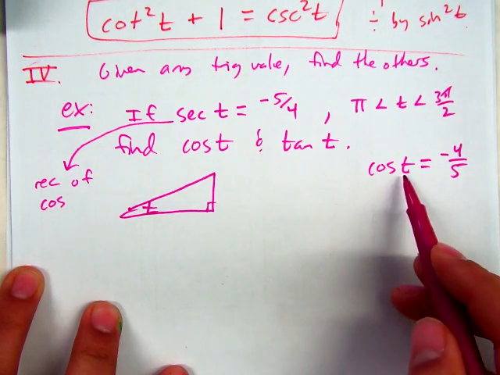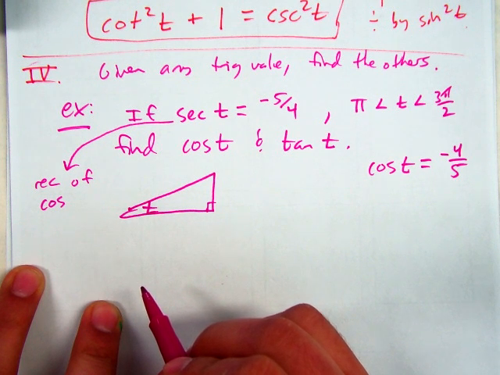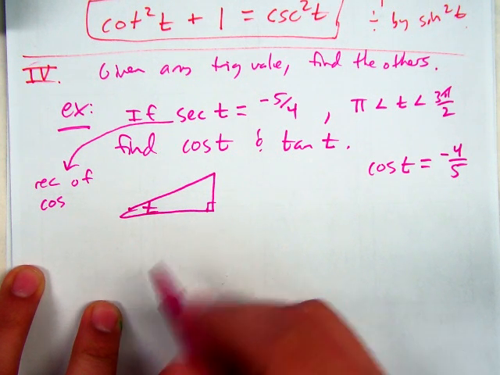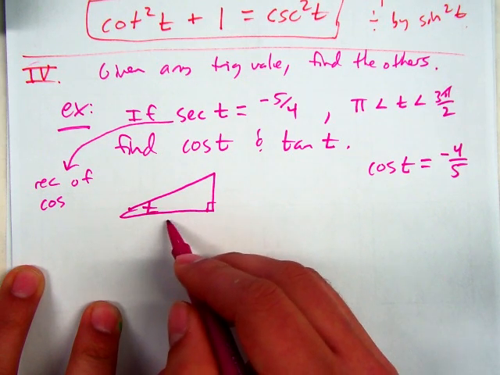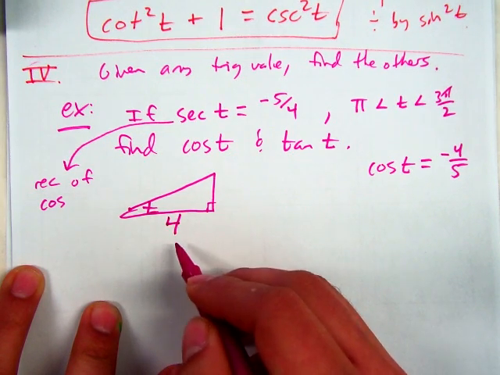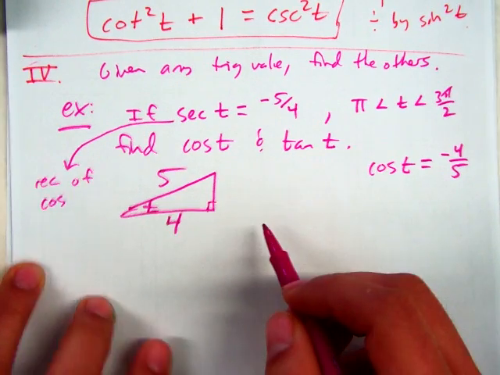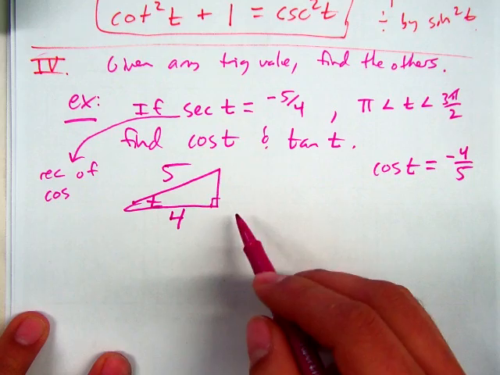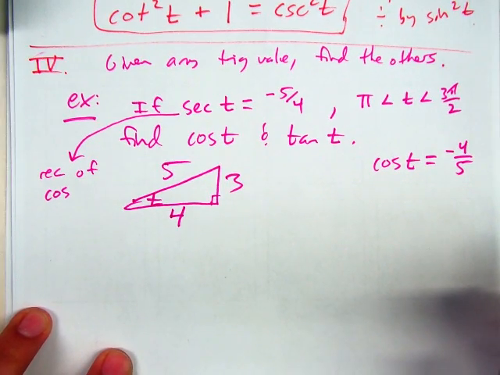And if I know the cosine, what two parts can I label here? The hypotenuse and the adjacent. So the adjacent is 4. Hypotenuse is 5. Again, I don't use any negatives until the end. So 3. And this is a nice one because it's a triple if you don't remember it. But 3, 4, 5, done.